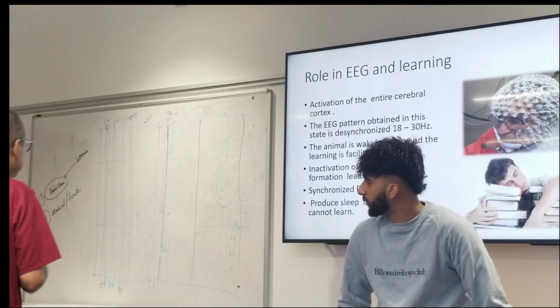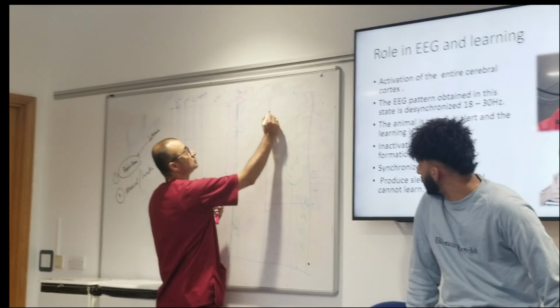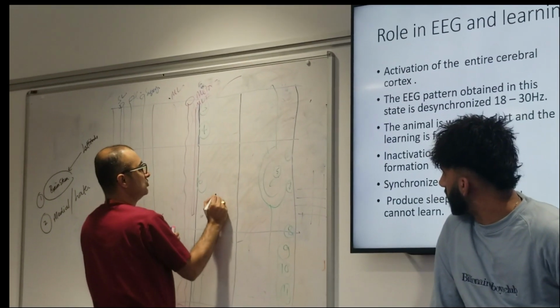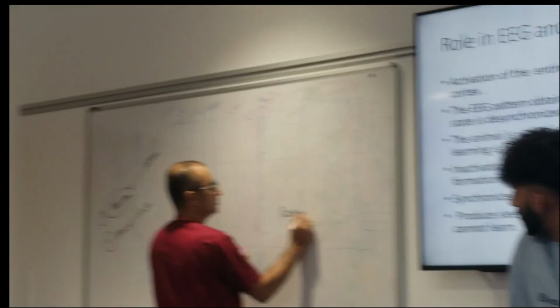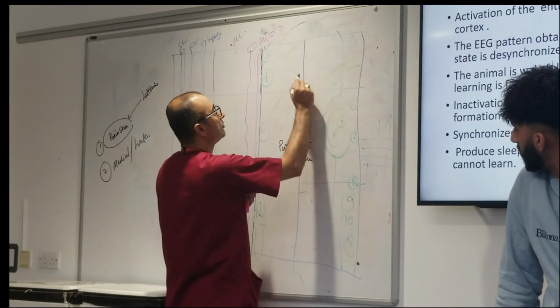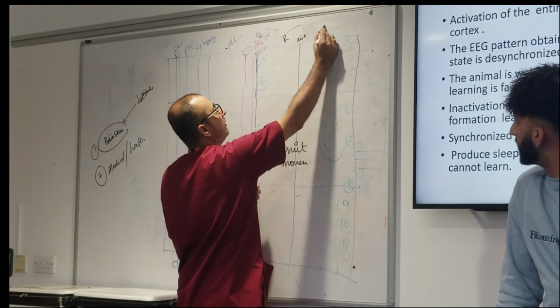So if I draw it, it will be clearer. When you are doing a pursuit movement, so this is the midline, this is right, and this is left.